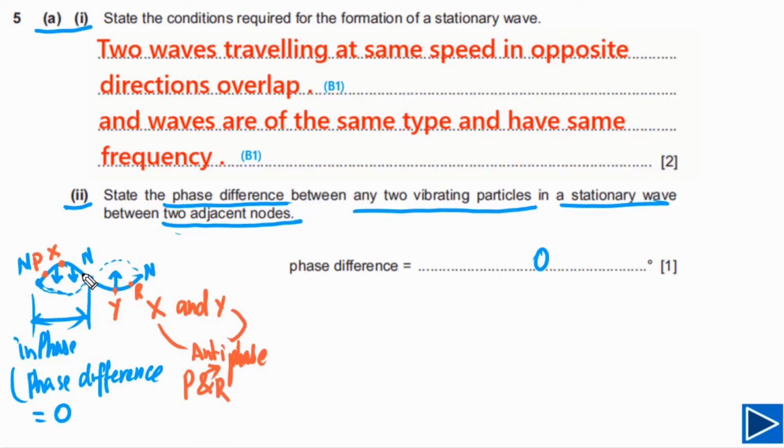If we take another particle S and another particle T, S and T are also in antiphase. That means the phase difference between them is equal to 180 degrees. It simply means that when this particle is moving down, these particles will be moving up.